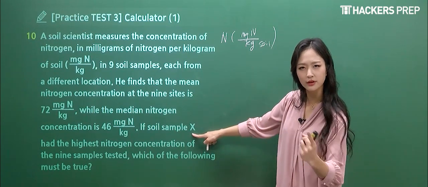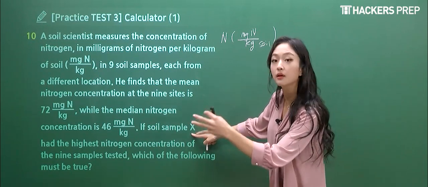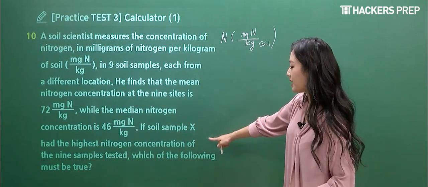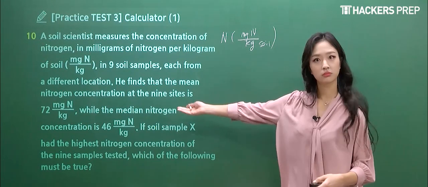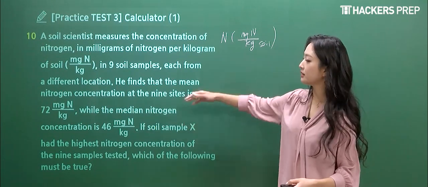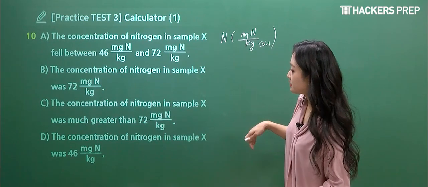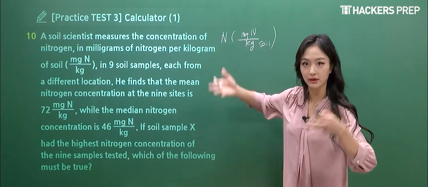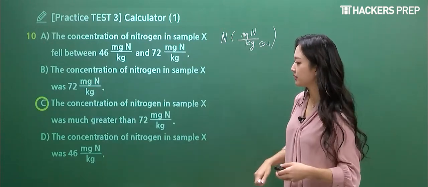And notice how the median is actually a value that's less than the average. So can you figure out? There are going to be some data points that are extremely greater than the median, right? So if soil sample X had the highest nitrogen concentration, which of the following must be true? It's going to have a value that's greatly beyond 46. So among the answer choices here, we can see that it has to be greater than the overall average as well, to bring up the average a lot. So when you read answer choice C, it was much greater than 72.